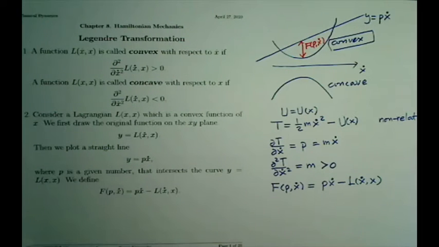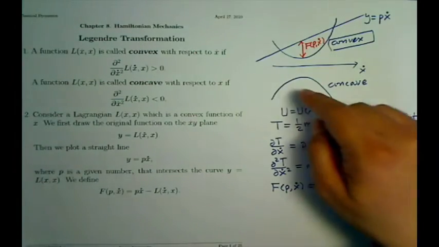So x dot appears in the kinetic energy, and the dependence of the velocity x dot in the Lagrangian is to be replaced with the canonical momentum, also called the conjugate momentum, corresponding to the coordinate x.